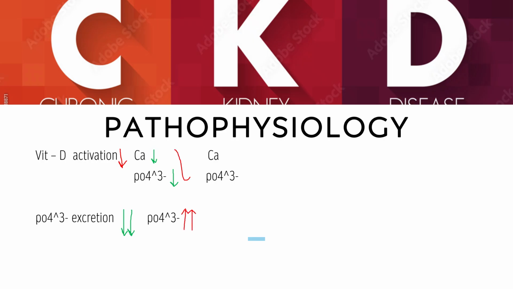So what happens? Blood phosphate level is increased, because phosphate excretion is not occurring that much. So excess phosphate remains in the blood. That's why the end result is calcium reduced and phosphate increased, and this is very harmful for the body.